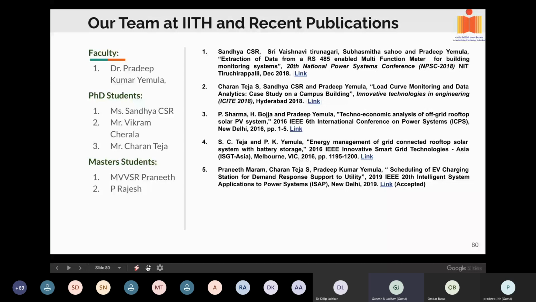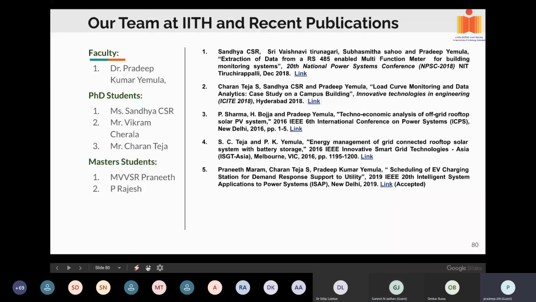Suppose there is a sudden shutdown, the diesel generator will start within a minute. That backup is also available. But are you doing any kind of monitoring, building level? No, sir. Still, we are not doing any monitoring.